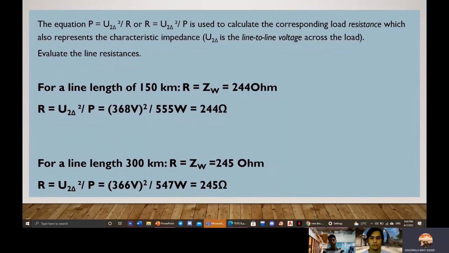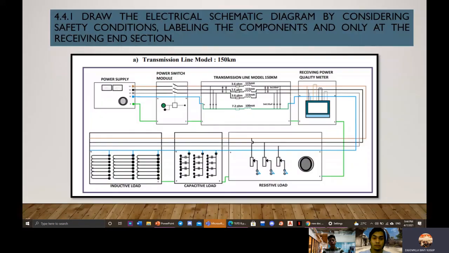For the R value for the line length of 100 km, we got 244 ohms, and for the 300 km line, the R value is 245 ohms. R means the resistive load that we got. Okay, so this one is the schematic diagram for.